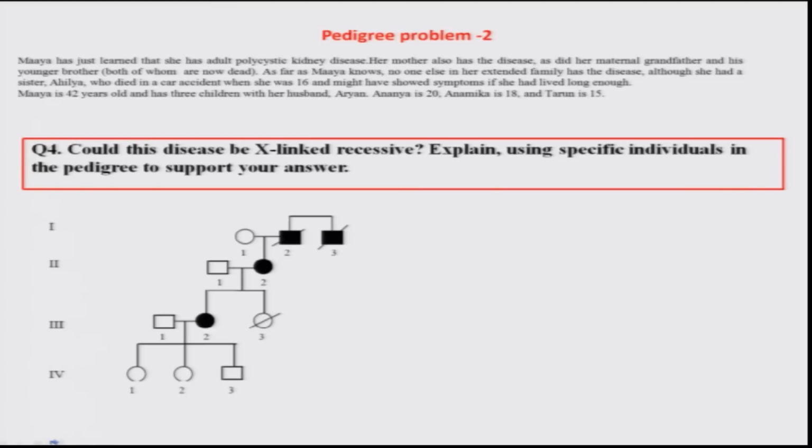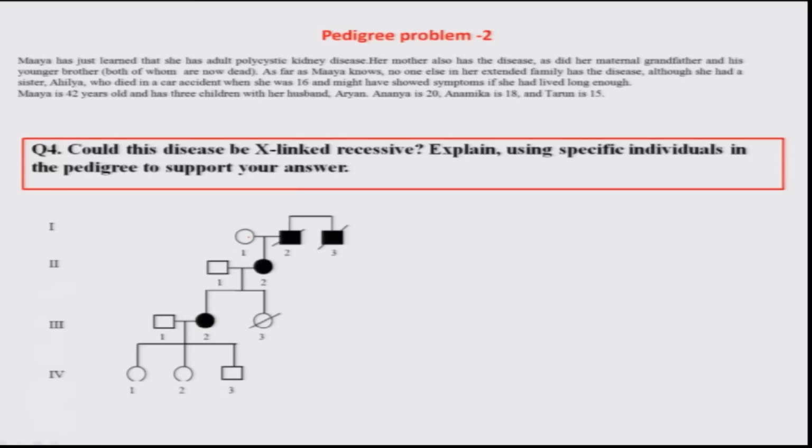Now, let us look into question number 4. Could this disease be X-linked recessive? Explain using specific individuals in the pedigree to support your answer. What are the rules, if it is an X-linked disorder, for how the pedigree should be? If you see, it is coming from 1,2, that is male, to female, well taken, and maybe one is a carrier.